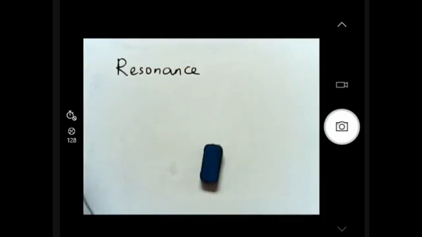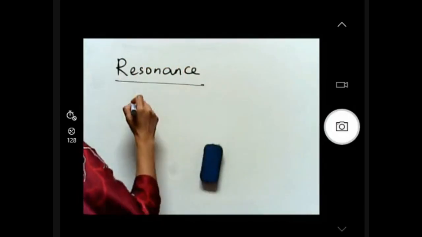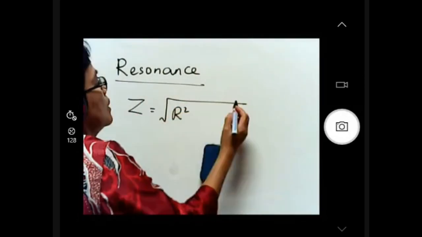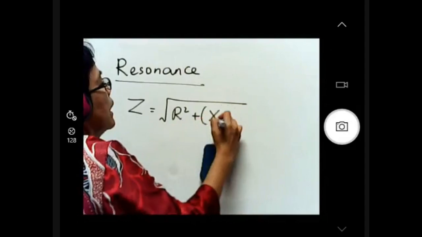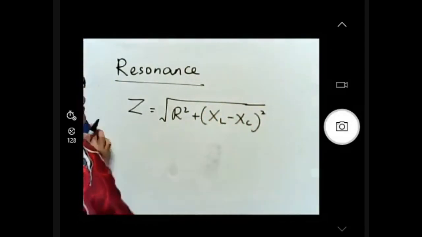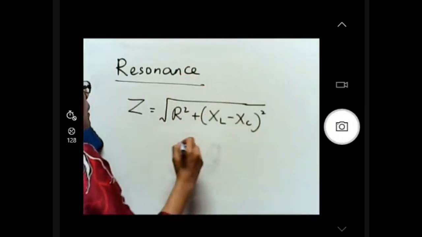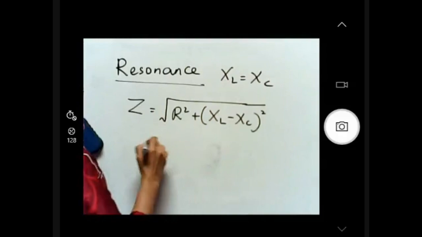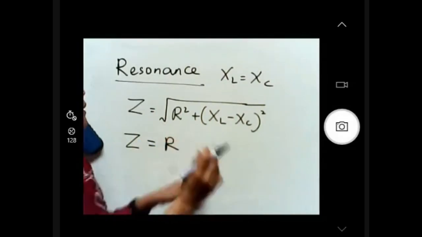So at resonance, what do you have? The value of impedance, which is the square root of R squared plus (XL minus XC) squared. We know at resonance, XL equals XC. That means Z will equal R. Correct, right?